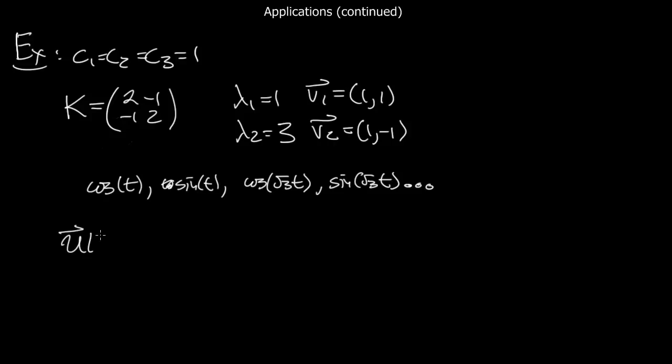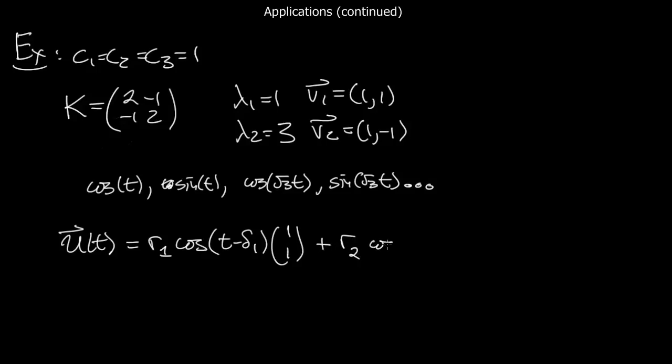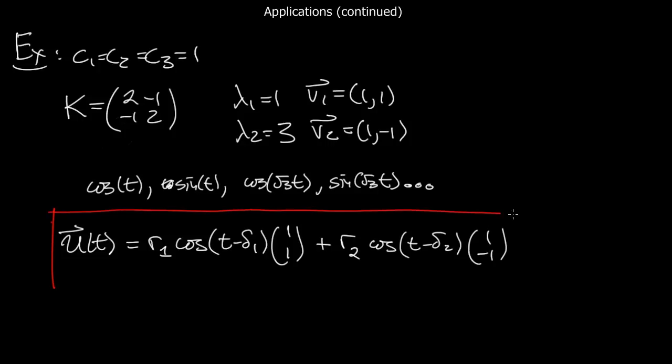And you get these linear combinations, and as usual, I'll skip the algebra and jump to the punchline. The general solution looks like this. You get something involving a cosine t times this vector (1, 1), and then you get another involving cosine of radical 3 t and a phase shift, and I apologize, this second term is missing the radical 3.